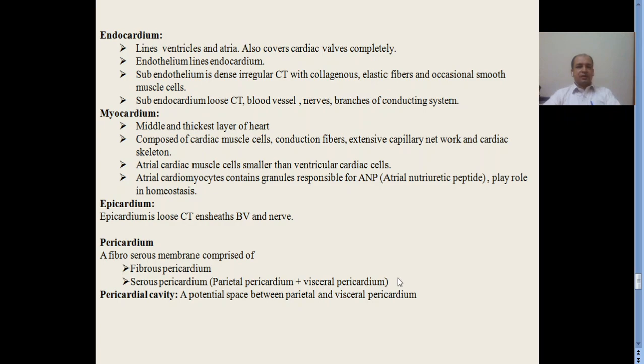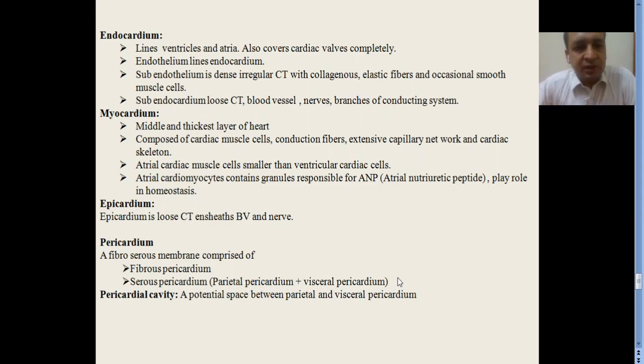This endothelium lies on the basal membrane or basal lamina, that is further followed by connective tissue. That connective tissue is called the subendothelium layer, which is rich in dense irregular connective tissue along with some collagen fibers, elastic fibers, and sometimes smooth muscle cells may be present.